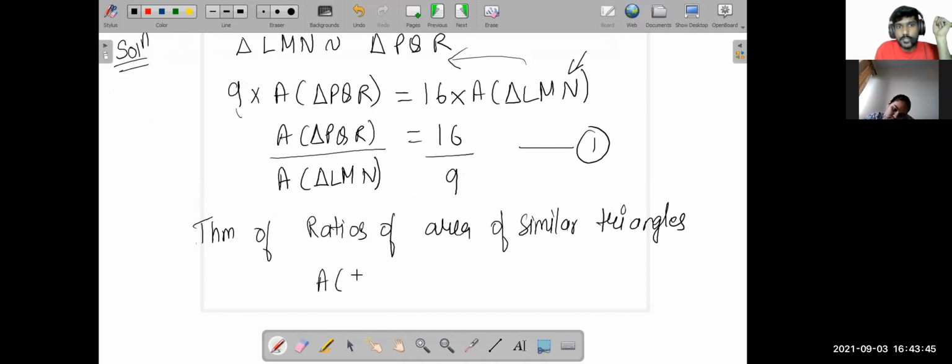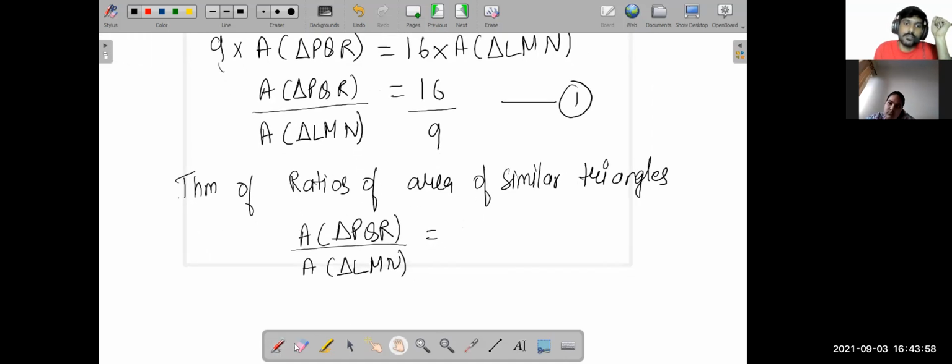So by the theorem, we get area of triangle PQR upon area of triangle LMN. What will this be equal to? Can you tell me by the theorem? No, first use this theorem. First use the theorem.